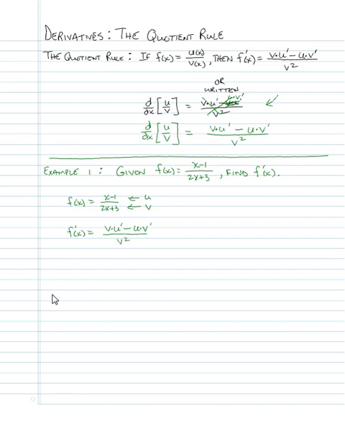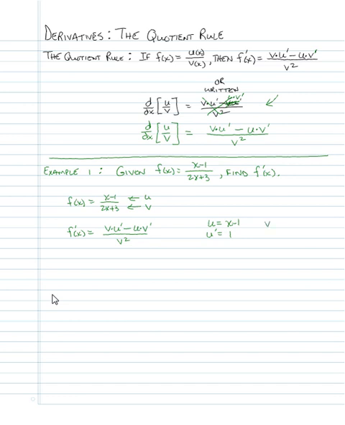So as we begin our process like we did with the product rule, we name the numerator, that's the top. We know that's x minus 1. And we know that we'll need the derivative of that. And by now, I hope we recognize the derivative there would just be 1. The derivative of x is 1 minus the derivative of 1 is 0, so 1 minus 0.